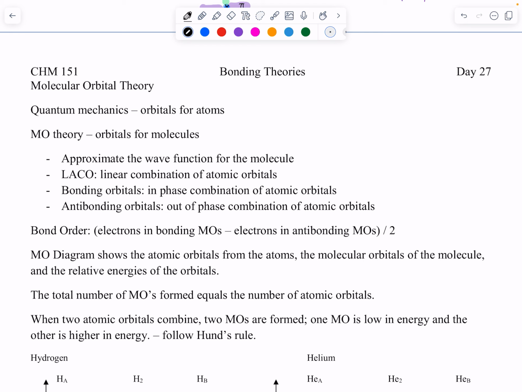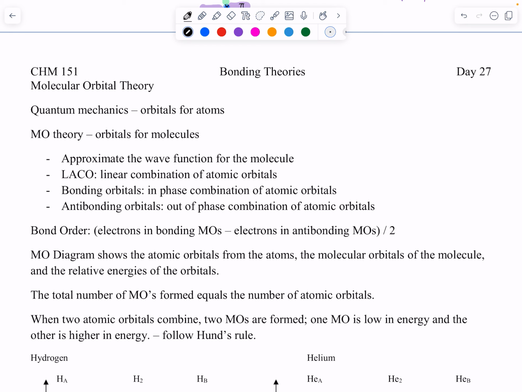A lot of metals, like what I used in grad school, we did a lot of MO theory. Talk about electrons and where they're going, because we did a lot of electron transfer stuff. All right? And so MO theory treats the molecule as having new atomic orbitals. All right?